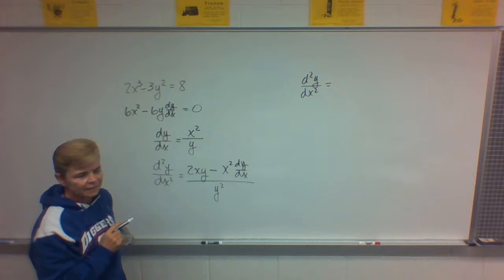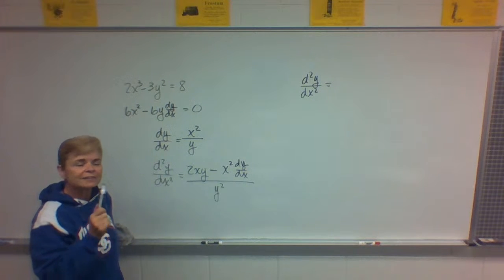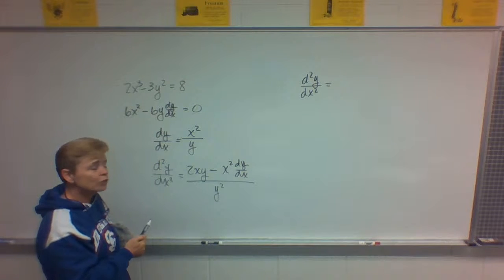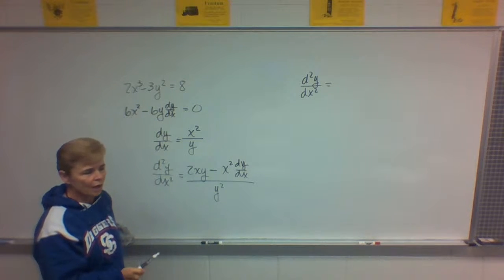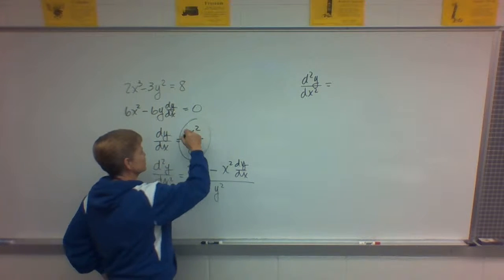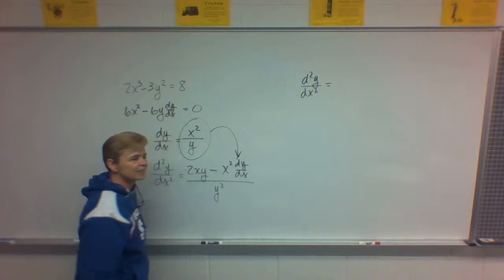Wrong, we're not done. You can't write the second derivative in terms of the first derivative. The second derivative has to be written exclusively in x and y, not the derivative of y with respect to x. So what do we do? We plug in x squared over y. Yes, you replace it with this. That's the extra little piece.